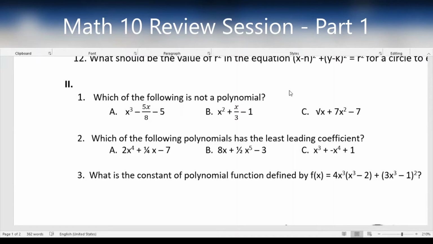Okay, very good, Helena. So the correct answer is C because x is inside the square root sign. And when you do it in exponential form, this will become x raised to 1/2. So as Helena said, the exponent of a polynomial should not be a fraction; it should be non-negative.